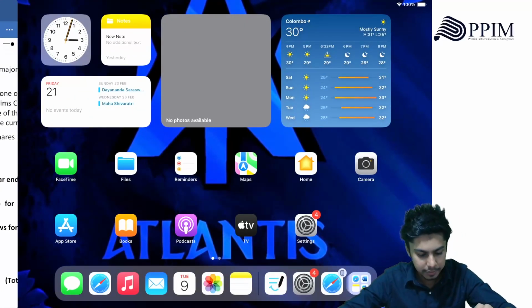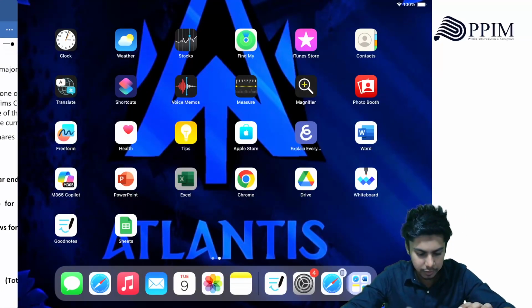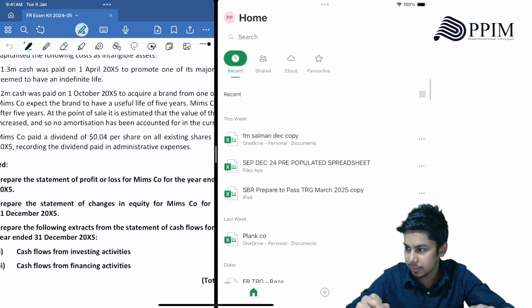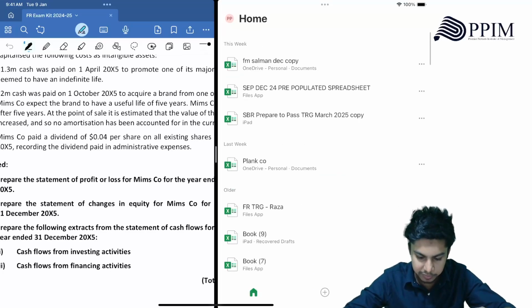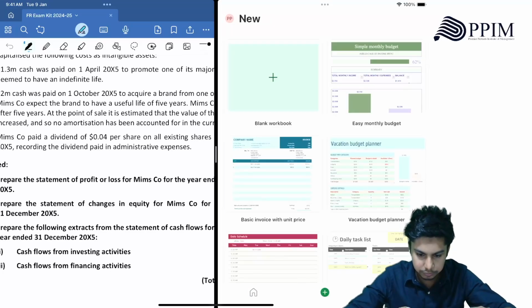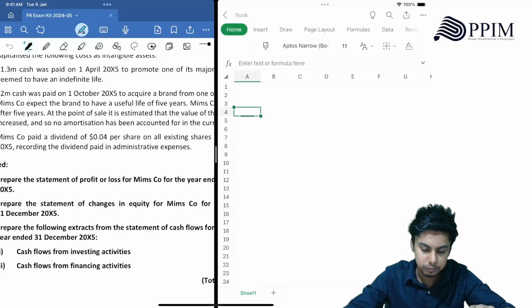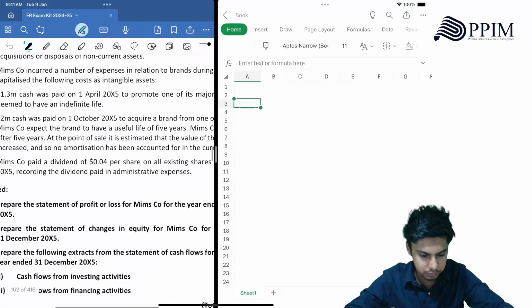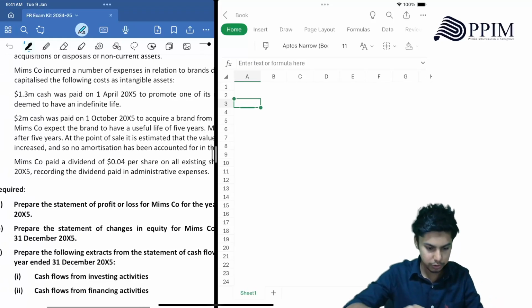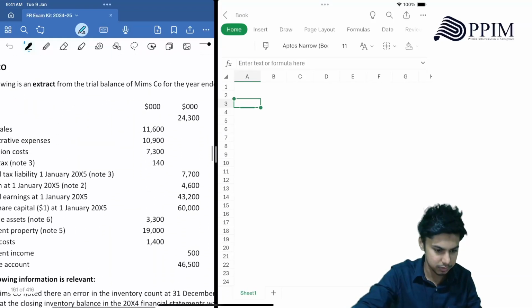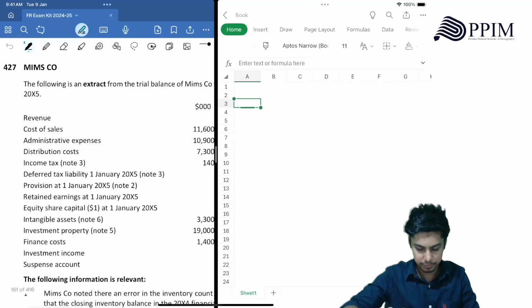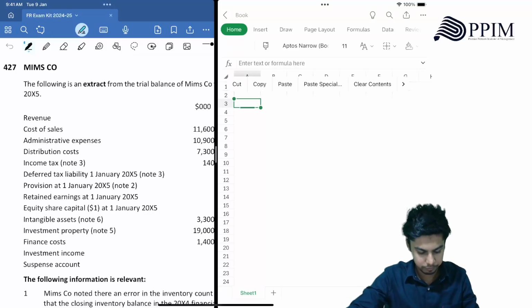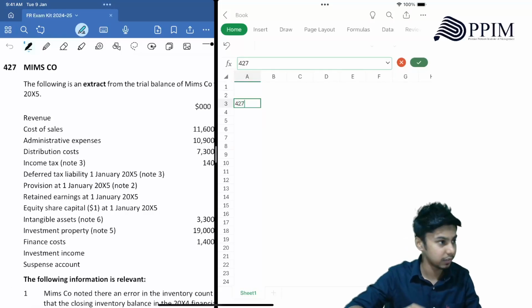First take out an Excel sheet. If you have done the homework, you can now check the answers with me. So let's start. Question number 427.